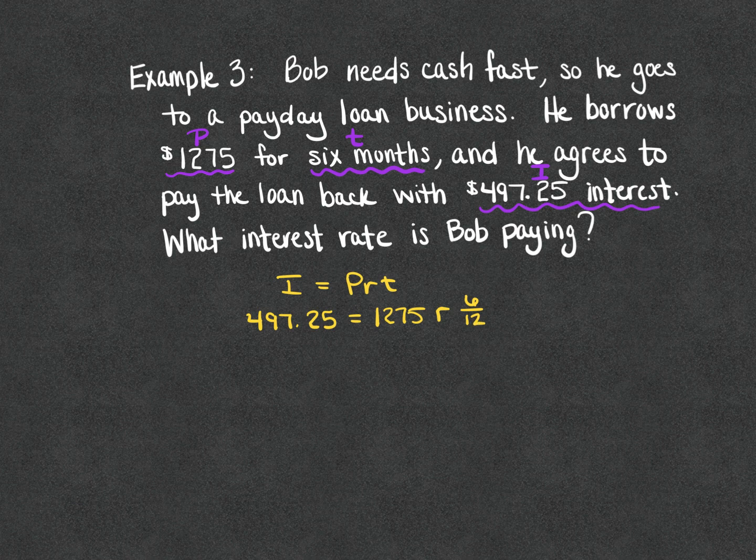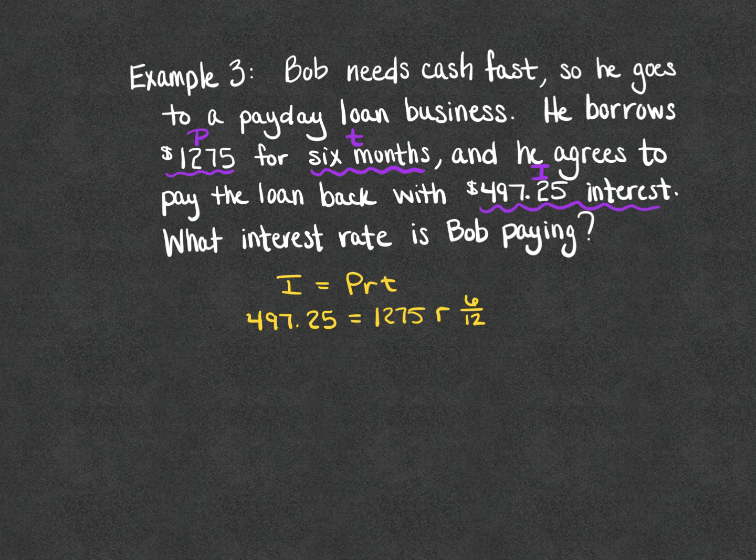And so again, I'm going to write 6 divided by 12. If you're wondering, can you use 1/2 or 0.5? Yes, you can. However, word of caution, if you have to do any rounding, for example, if that said 7 months instead of 6 months and you have to round 7/12, rounding is not allowed until you get to the final answer.